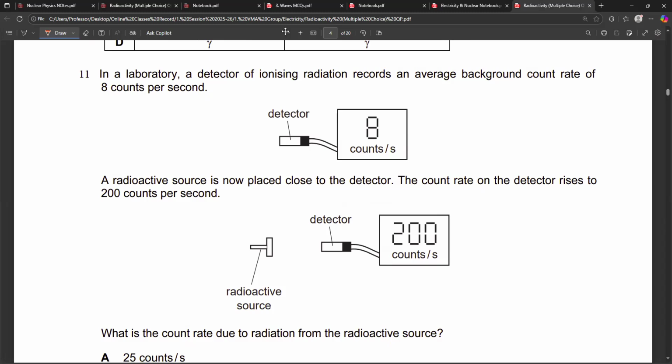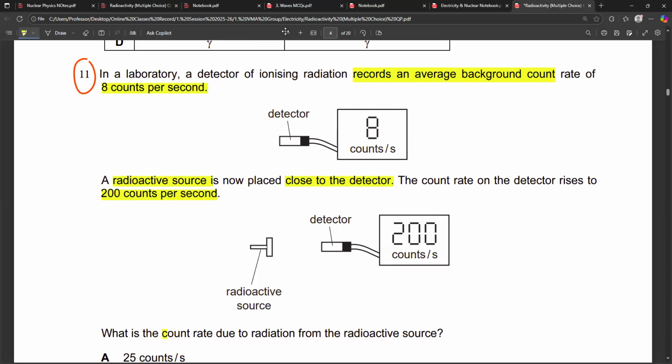Okay. So we record this value, that 8 counts per second is the background radiation. Then we start the experiment with the radioactive material that we are using. In this question, it is written clearly that we have average background radiation, which is 8 counts per second. A radioactive source is now placed close to the detector. So now the count rate rises to 200 per second.